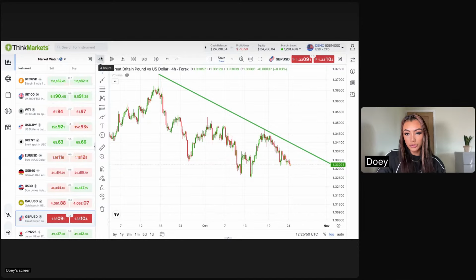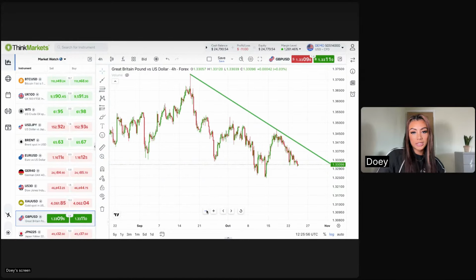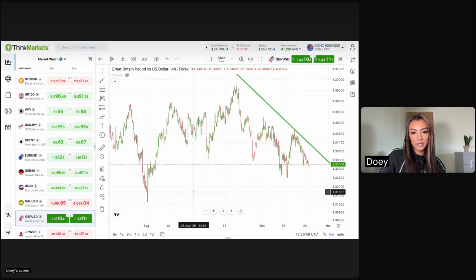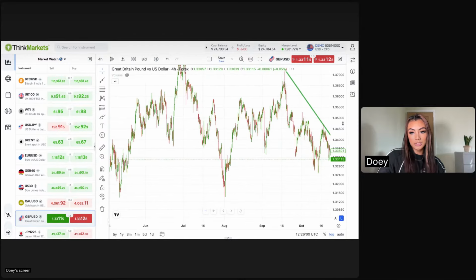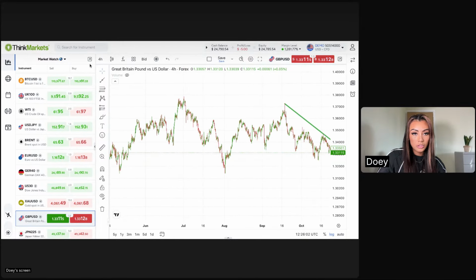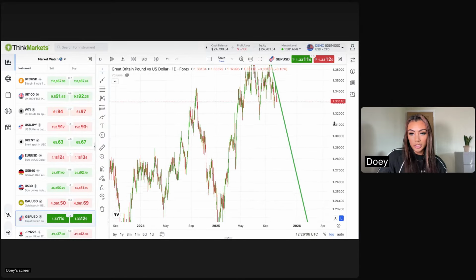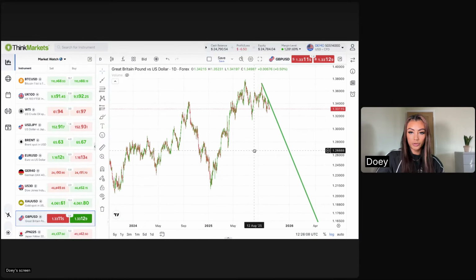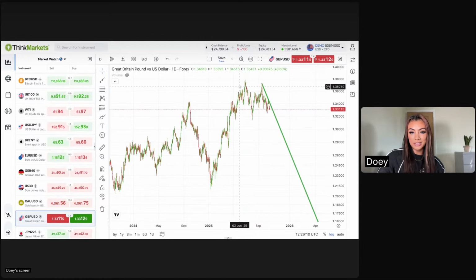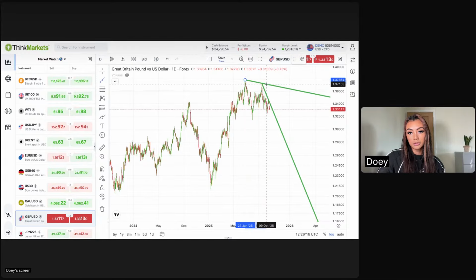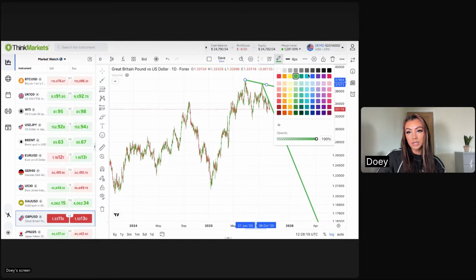But we have also got much steeper trend lines as well. Yeah, GBP USD does look like it is going to be continuing down. Just going to zoom out and have a look on the daily quickly. Yeah, feel like you can see it here, can't you, where it's slightly starting to come down now. So there's our daily.